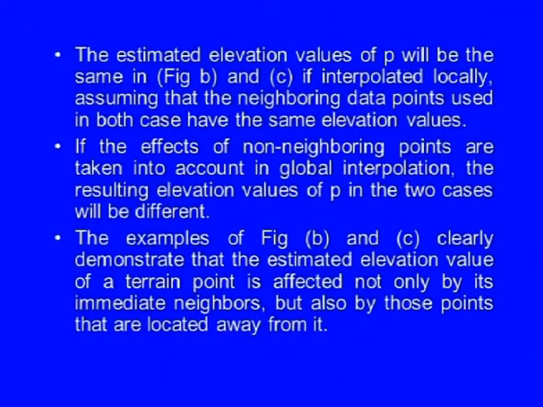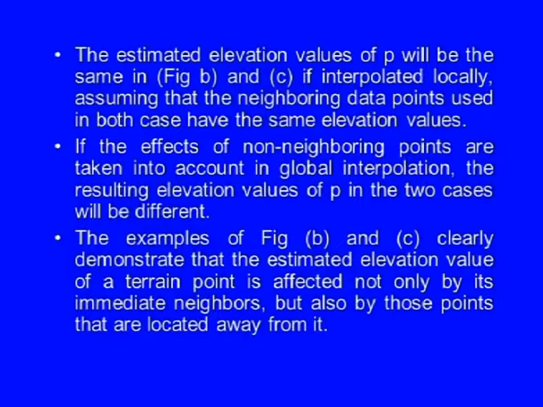The estimated elevation values of P will be the same in case of figure B and C if interpolated locally, assuming that the neighboring data points used in both cases have the same elevation values. If the effect of the non-neighboring points is taken into account in global interpolation, the resulting elevation values of P in the two cases would be different.